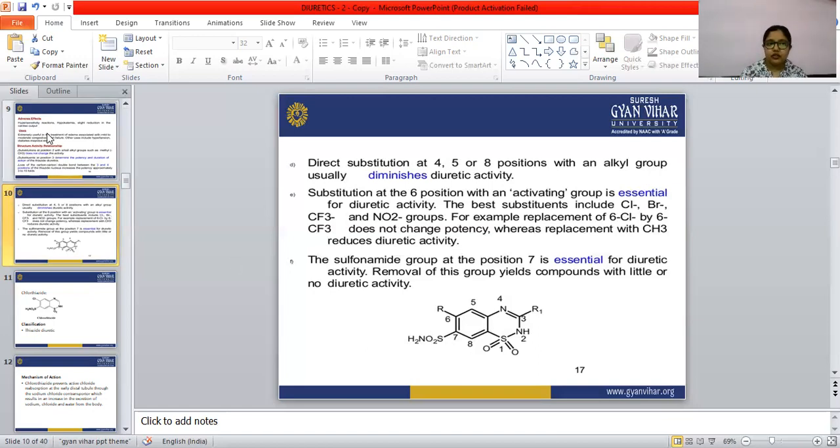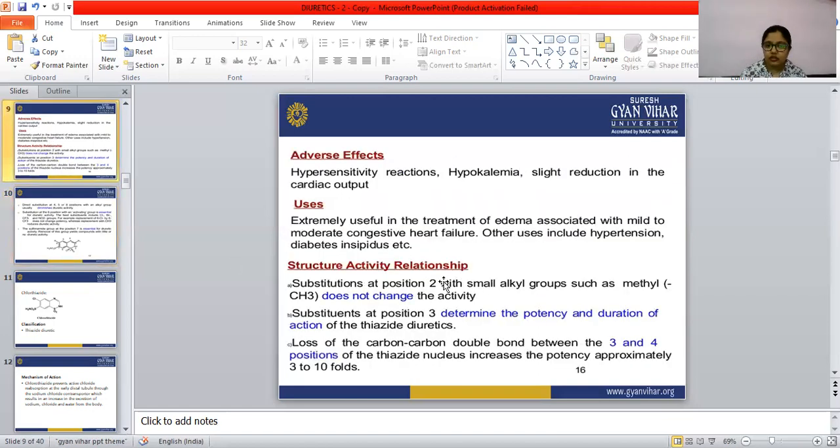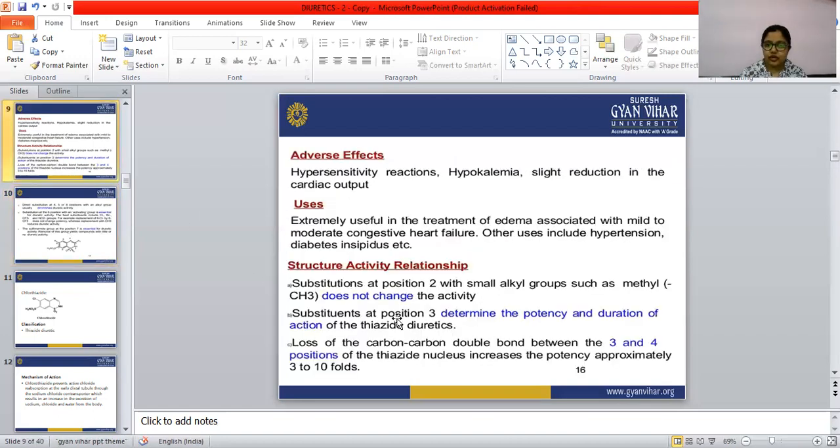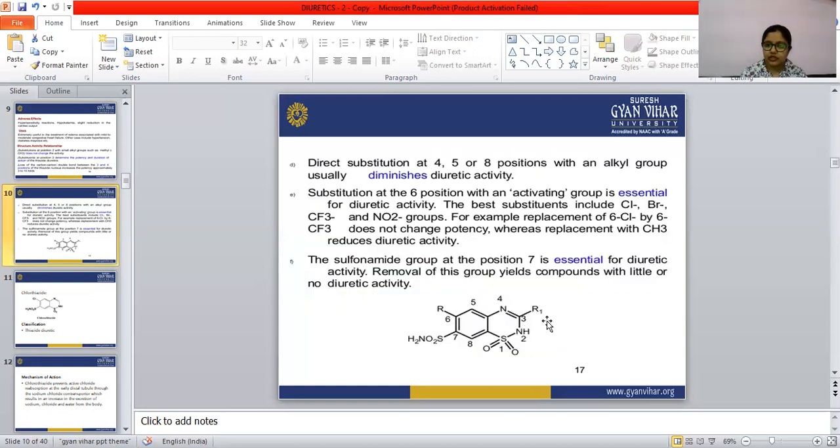Then the 2nd position methyl group: if we introduce a methyl group at the 2nd position, that doesn't affect the diuretic activity. Next, the substituent at position 3 determines the potency of the drug.